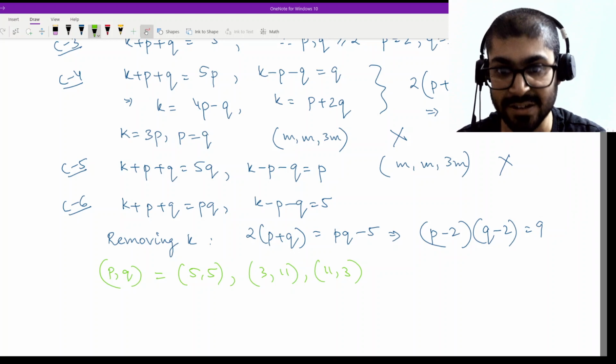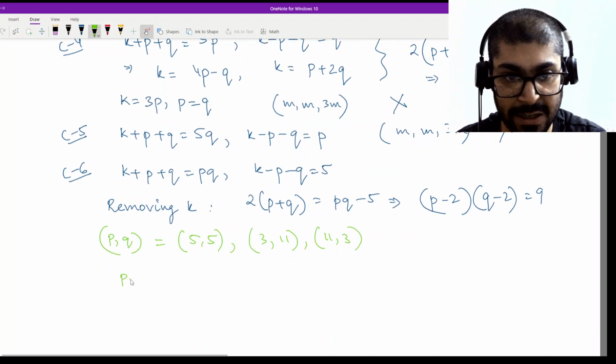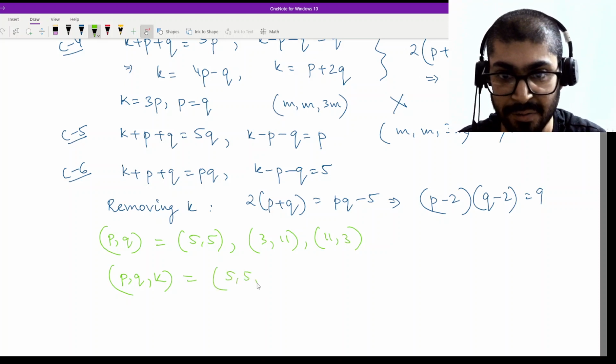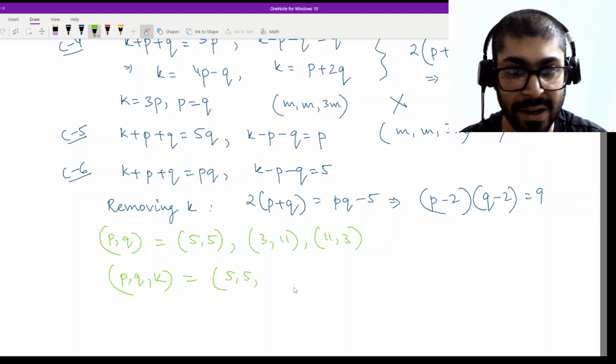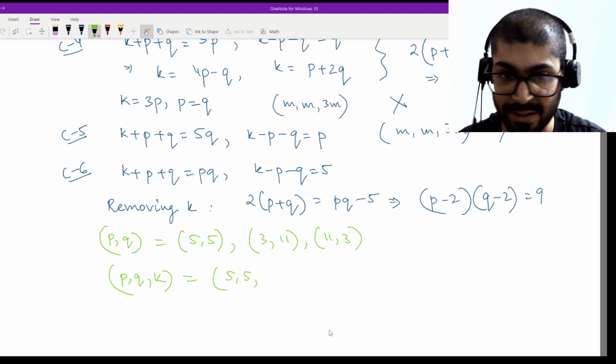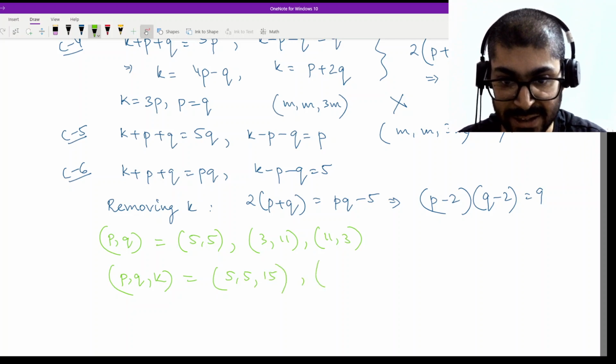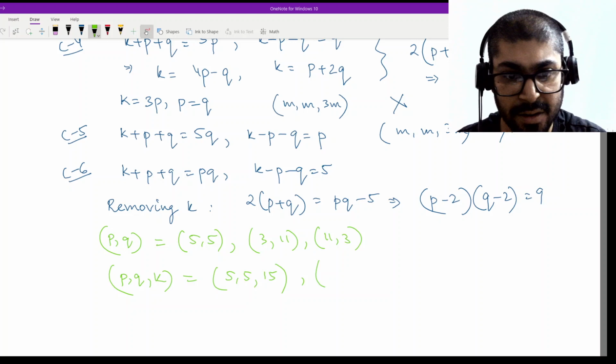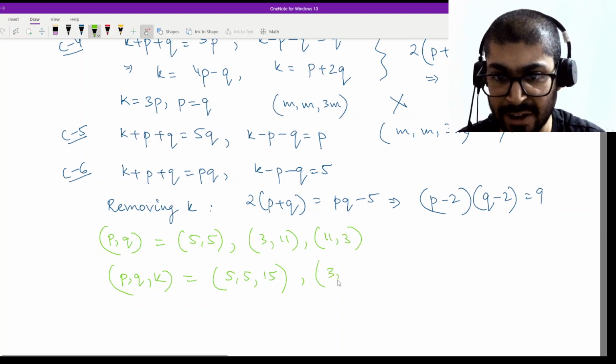So therefore, what are the solutions of p, q, k from these sets? p, q can become 5, 5, and then k would become 15, just check from here, thrice. And then we could have 3, 11 and 19.